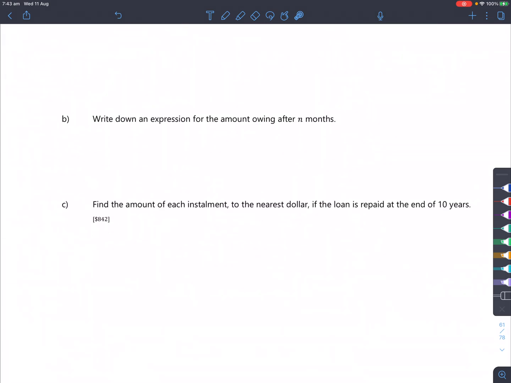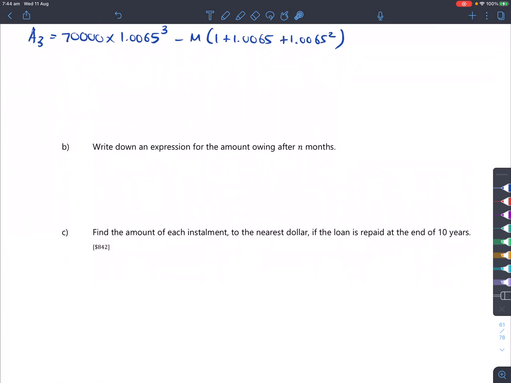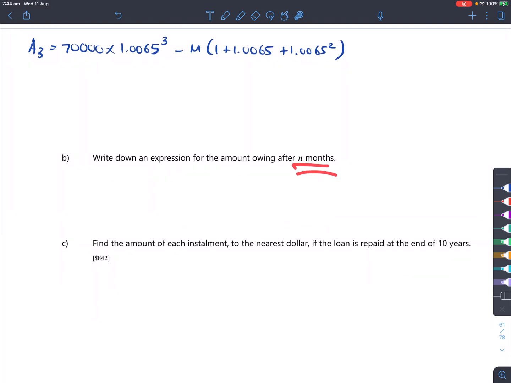But in this particular question, we don't know how long it's going to take. It just says it's going to repay after n months. So basically, we have to find out what An is. So if this is n, and this was 3 and this is 3, that means that the first power of 1.0065 has to be to the power of n.